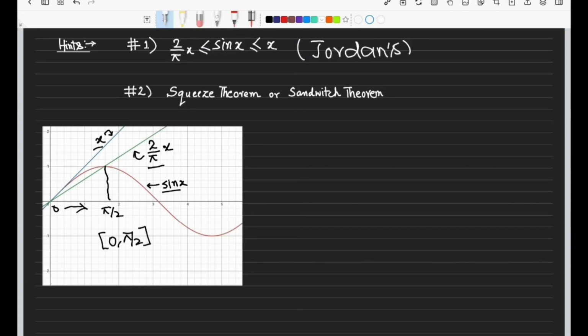And now after that we have the squeeze theorem or sandwich theorem, which I think obviously you will be knowing.